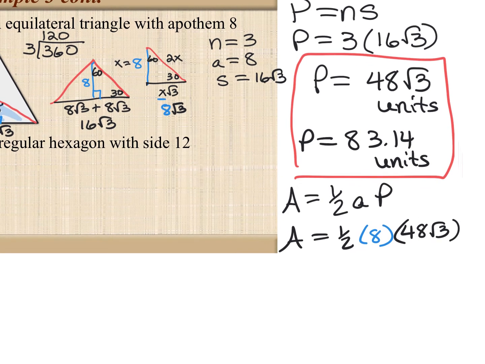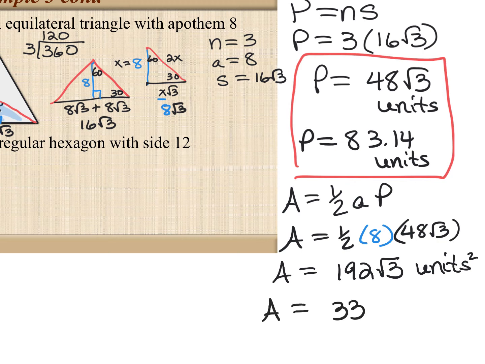I'm going to go ahead and multiply. 1/2 of 8 is 4, and then 4 times 48 is 192 square root 3 units squared. Now using my calculator, 192 times the square root of 3, rounded to the hundreds place, 332.55 units squared.